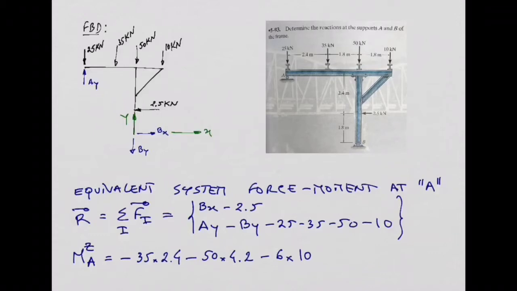Right? Do we have any other moment? For example, this force, 2.5 kilonewtons. Does it produce any moment about A or not? No? Why not? Look, this is the direction of this force, right? The moment is the distance in the perpendicular direction to the force times the force.